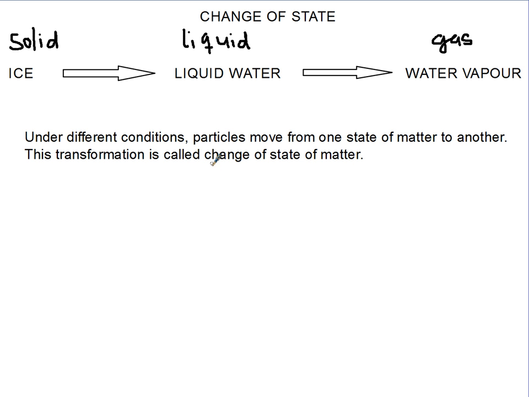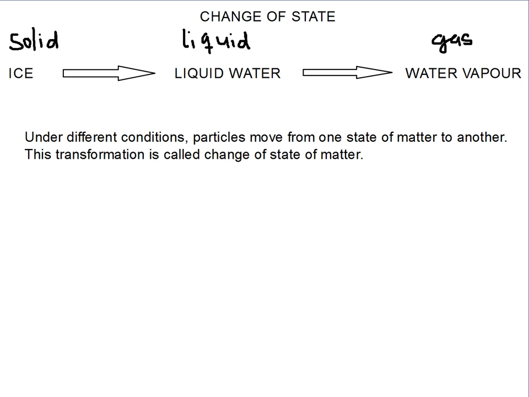So under different conditions, particles move from one state of matter to another. This transformation is called change of state of matter. So when ice changes to liquid water, we say a change of state has taken place. When liquid water changes back to ice, a change of state has taken place.